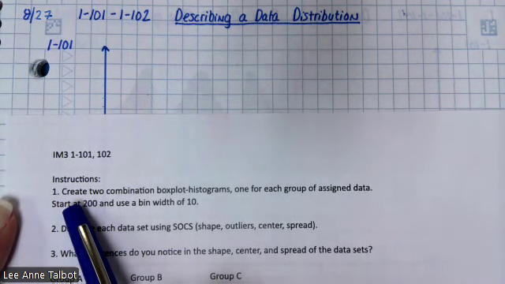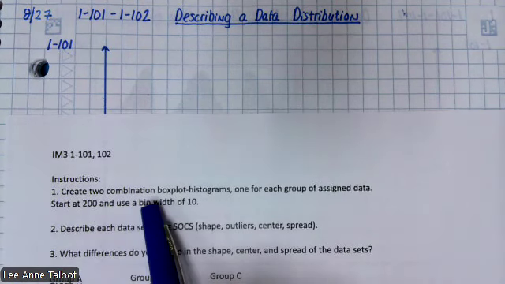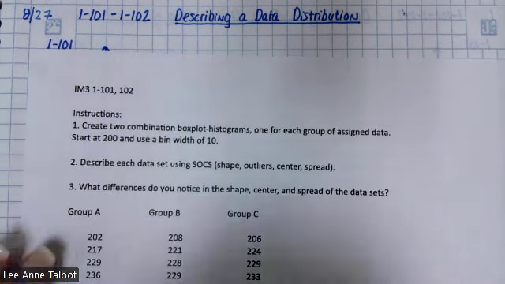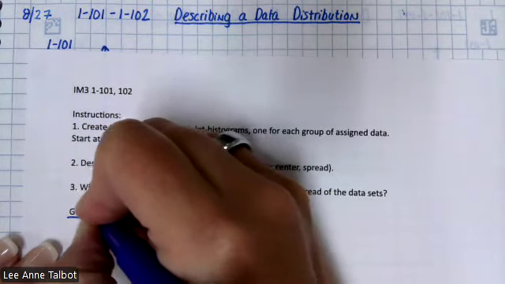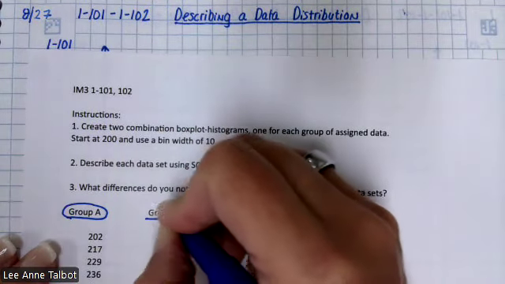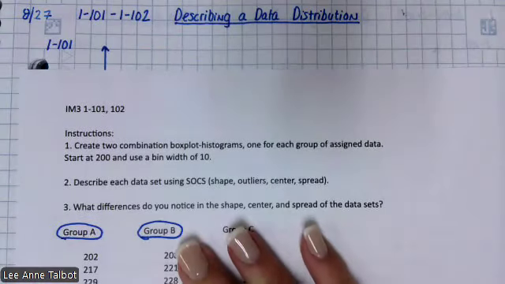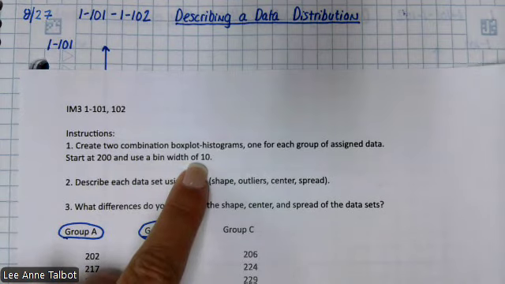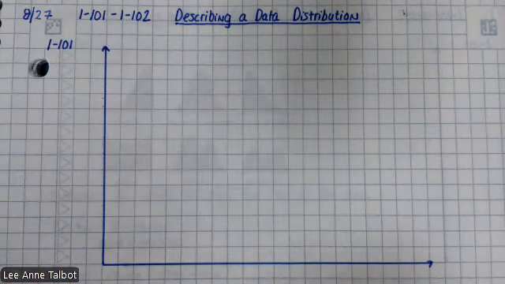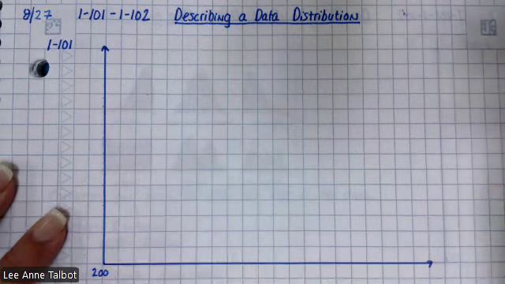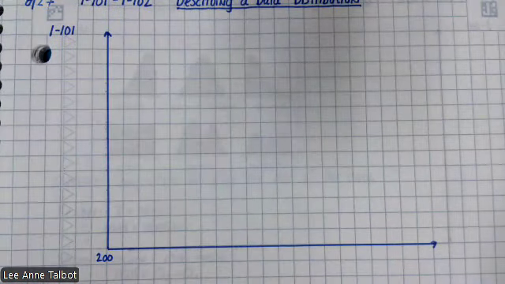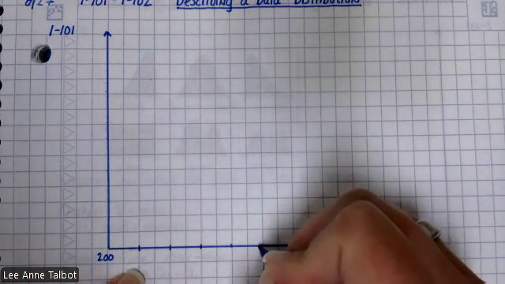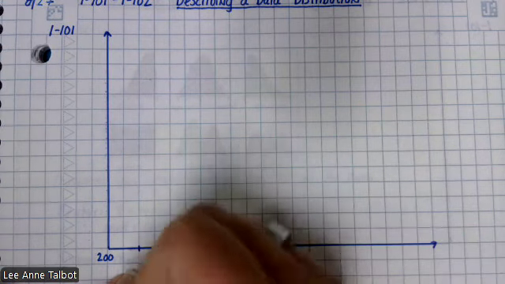Okay. Create 2 combination box plot histograms, 1 for each group of assigned data. Your group is A, and you're also going to do group B after I'm done teaching you how to do this. Start at 200 and use a bin width of 10. What that means is you put 200 right here. Using a bin width of 10 means that we're going to scale our axes up by 10s.